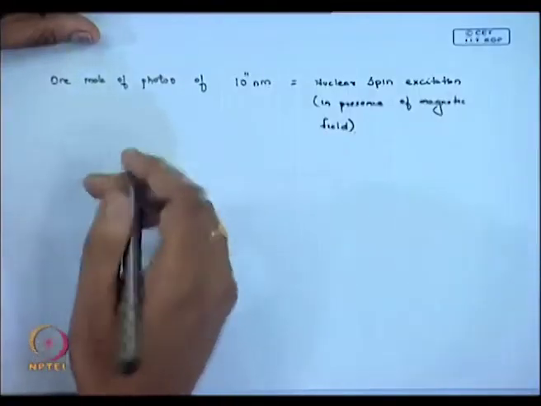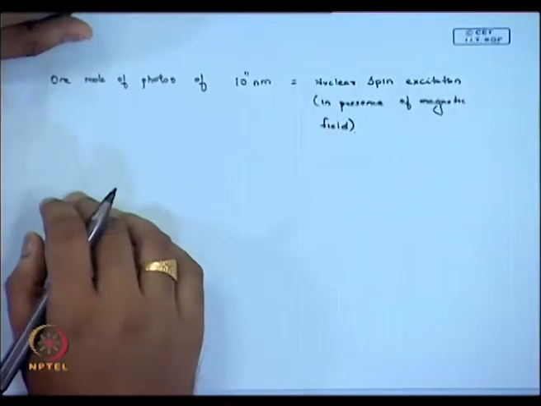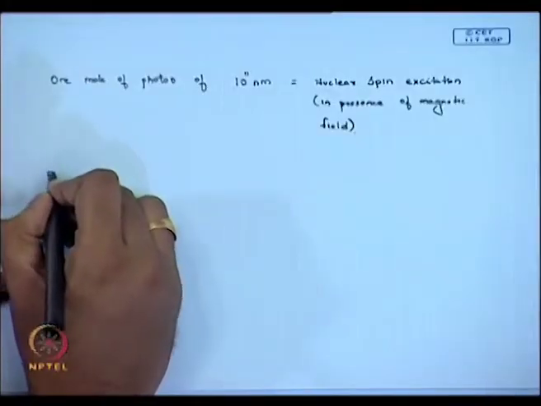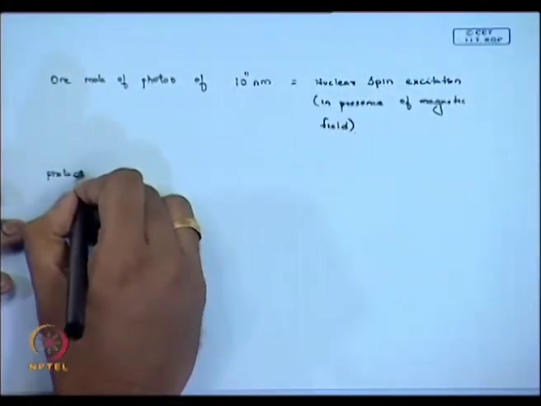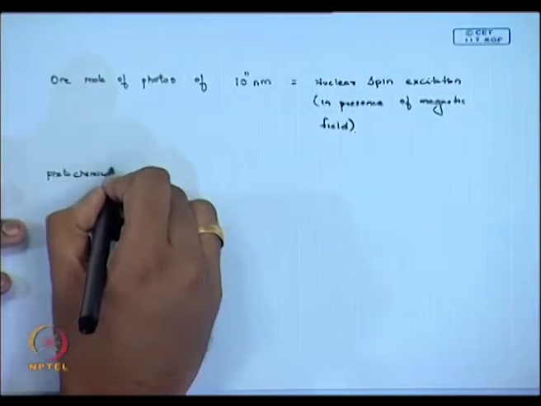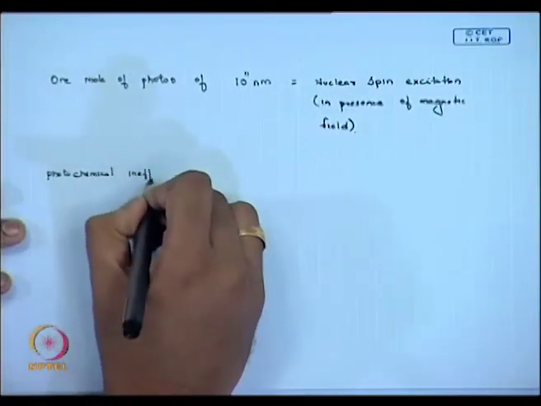Once you know this R to R star transition, one more thing you have to understand in this step is what we call photochemical inefficiency steps.